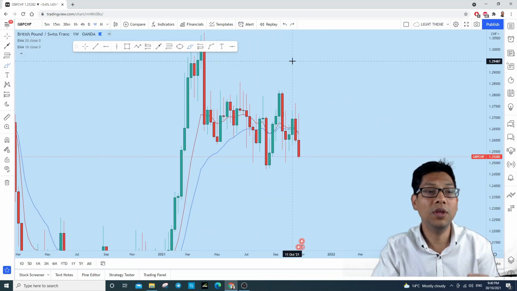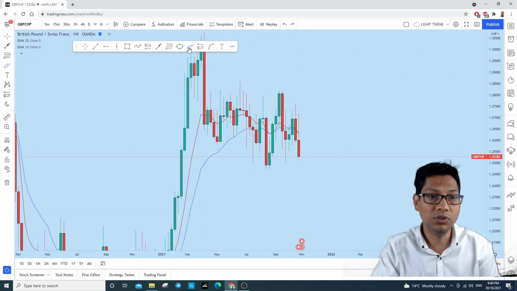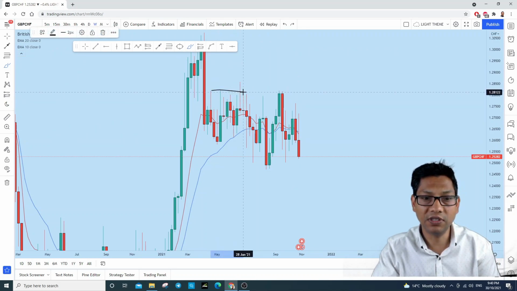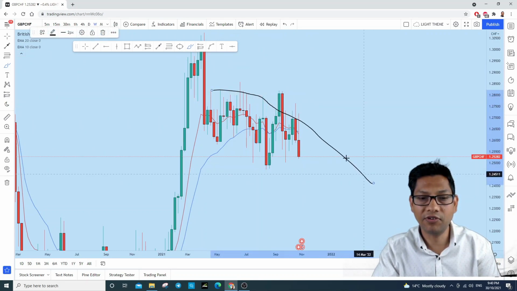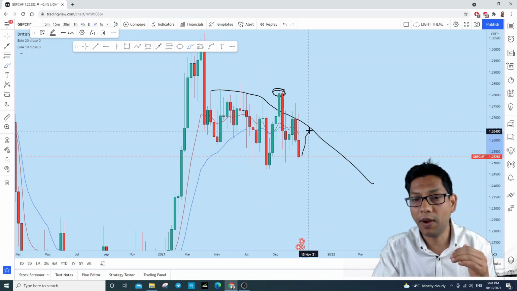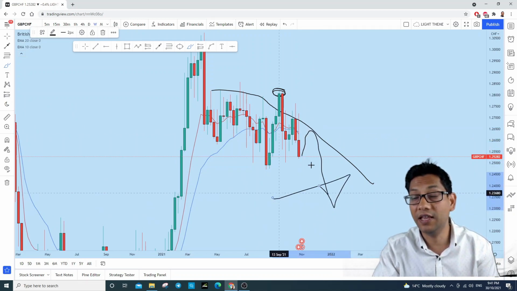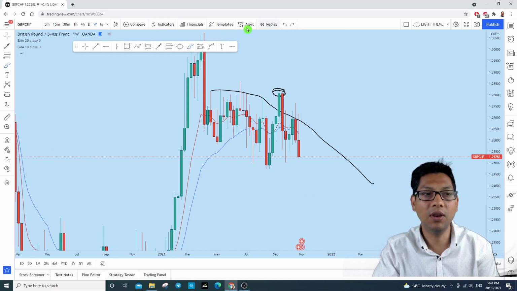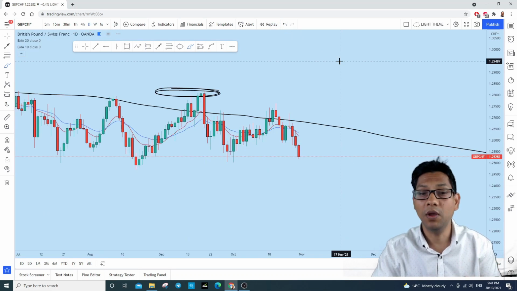Instead, you see that GBPCHF is respecting this dynamic trend line, and there has been a false breakout to the upside. So in the new trading week, we might see a little bit of an uprise to this level and then a drop to the downside. Now let's see on the lower time frame how we can find a trading opportunity.